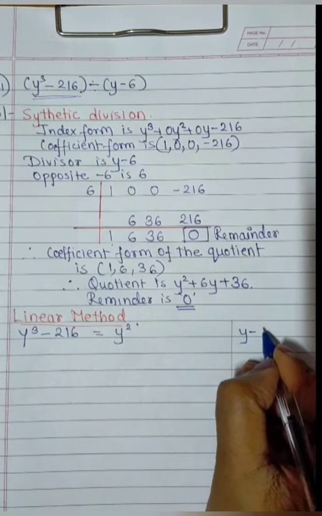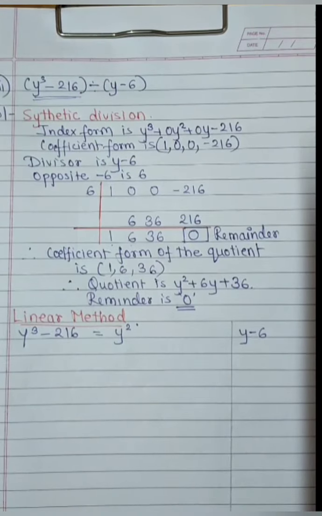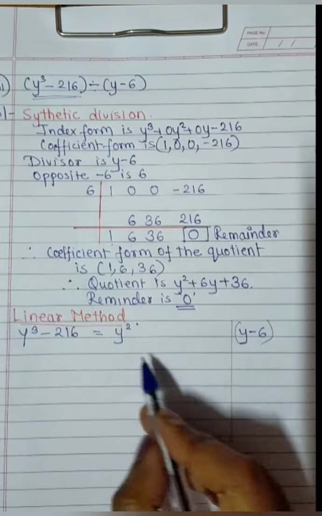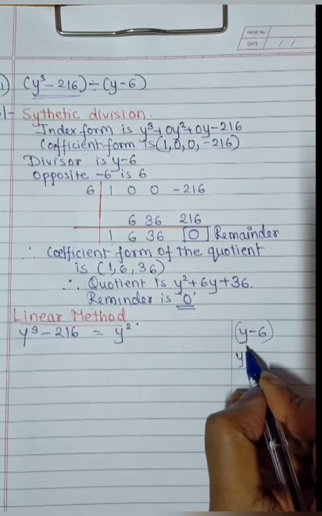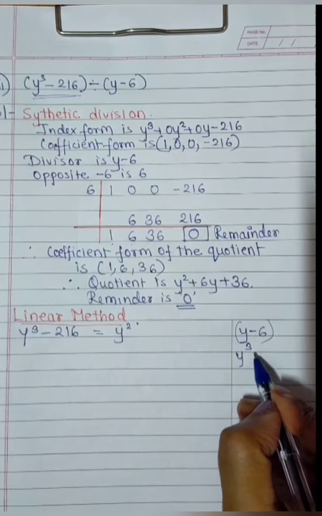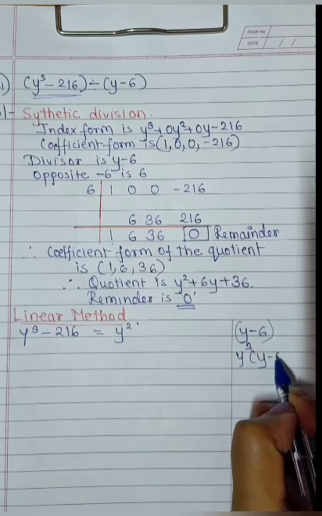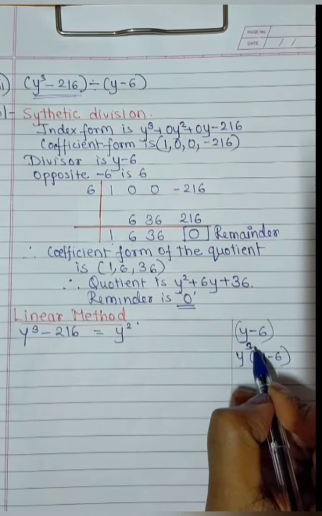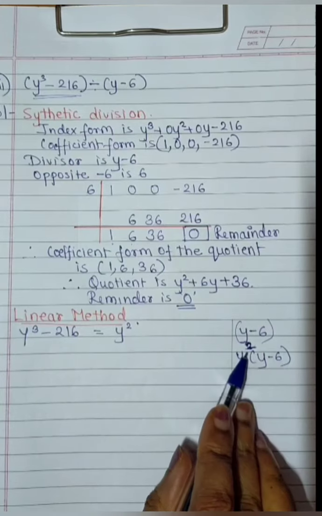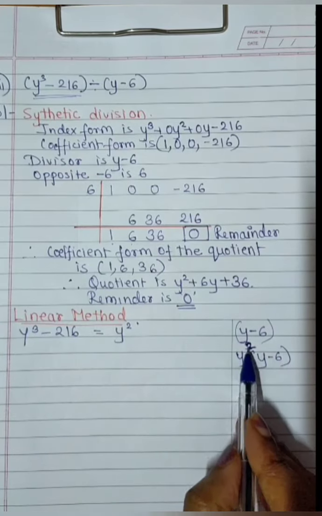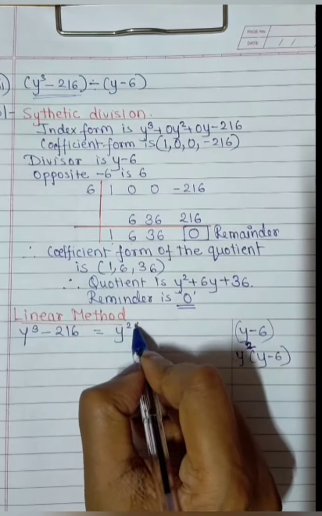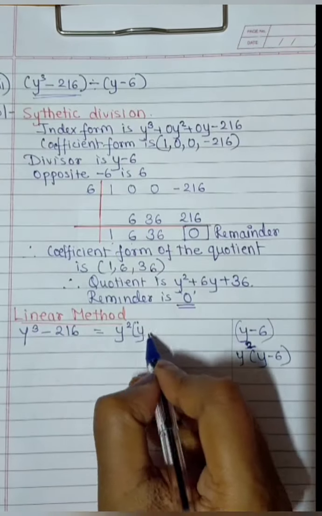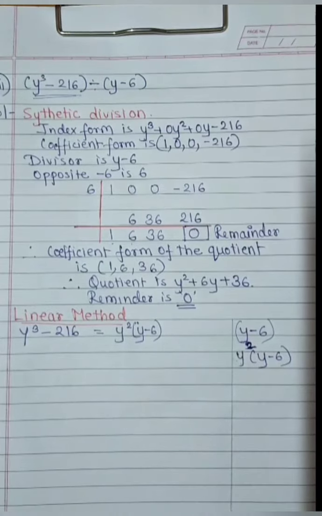We already have y. So when we are having y cube, if we want to multiply y minus 6 with it, we will write here y square. If we write y square, when we multiply both, we will get y cube. So I am writing here y minus 6. Okay, I hope you are understanding.